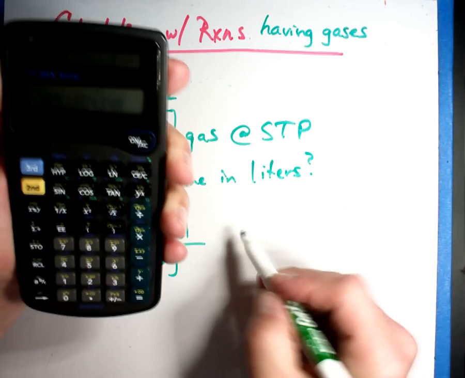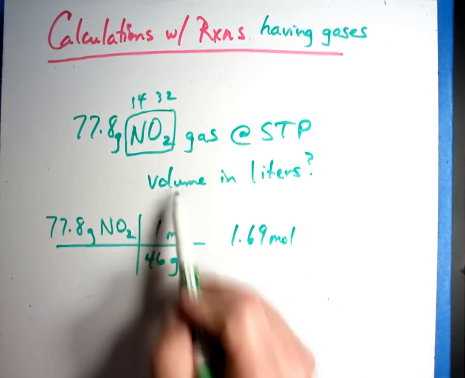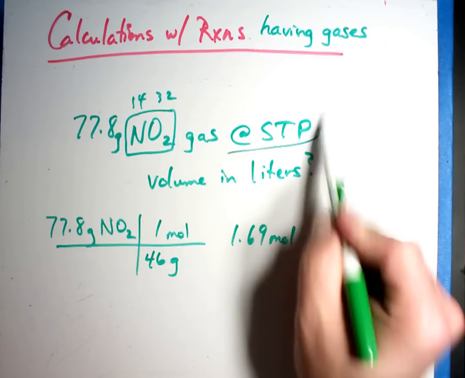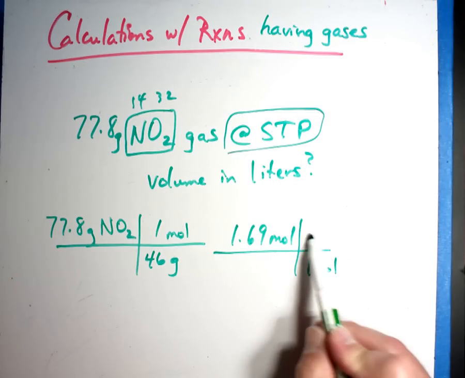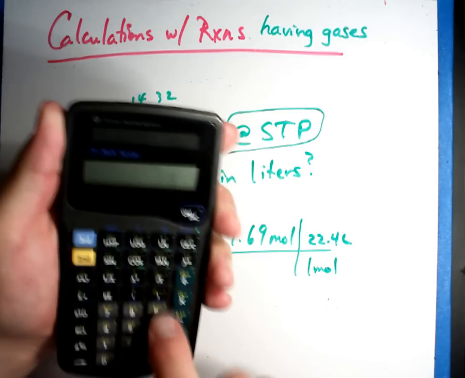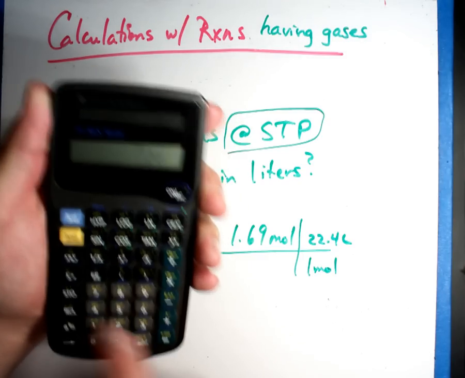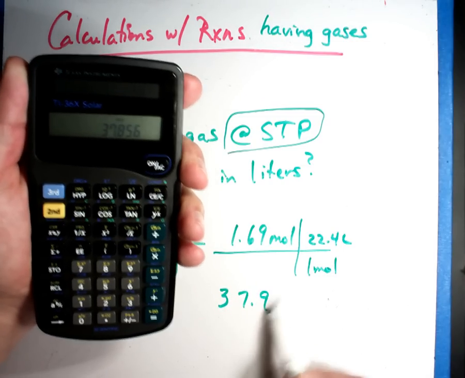Answer: 1.69 moles. But it wants to know the volume, and because it says at STP, I know that 1 mole is 22.4 liters. So 1.69 times 22.4, I just converted that to 37.9 liters.